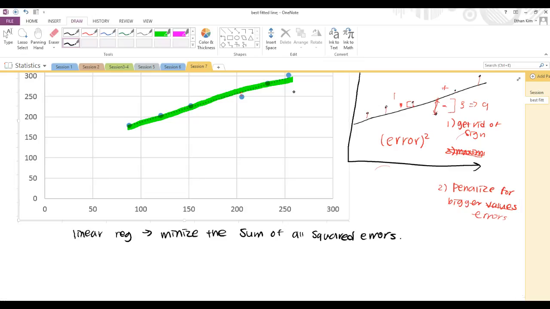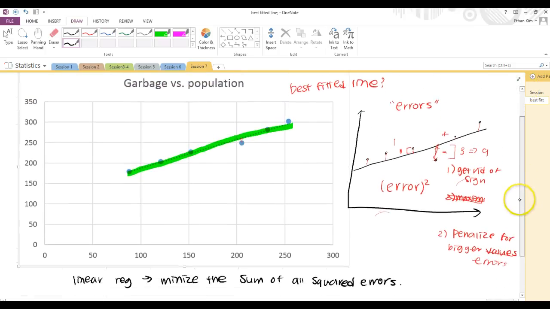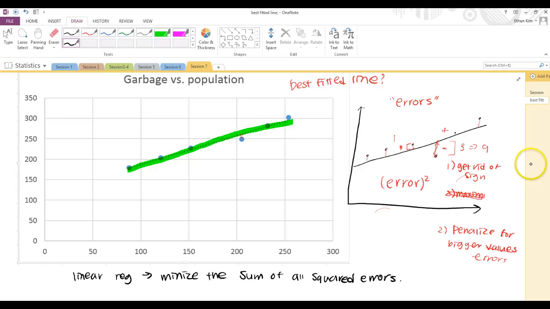Just looking at this line, for a straight line, a linear function, what do we use? We have the y-intercept and the slope, right? So we call this y hat. Y hat is any value on the line or the model. We might call this the model because we're the ones who came up with it to explain the data.